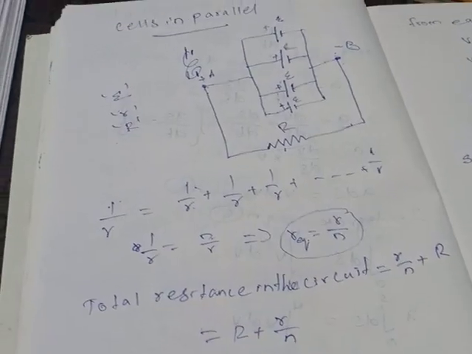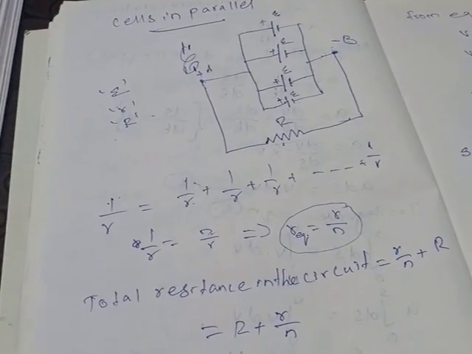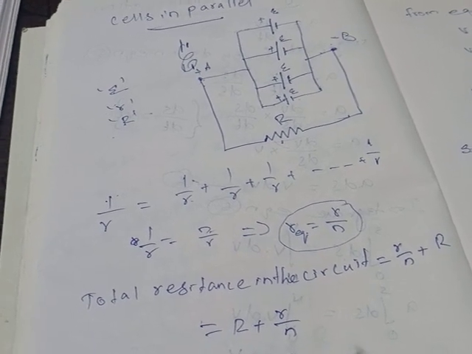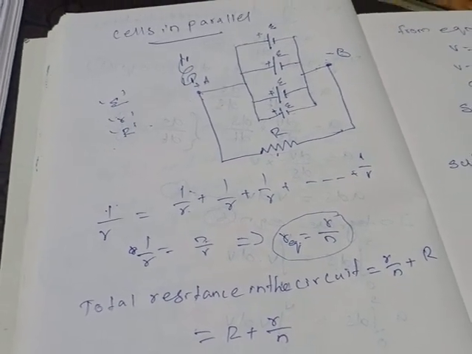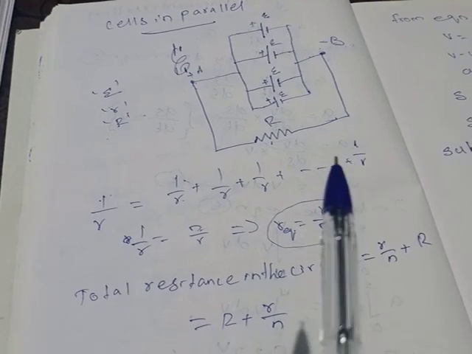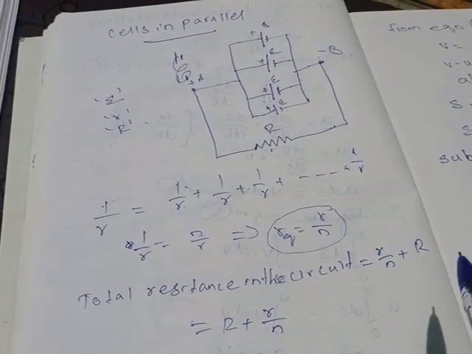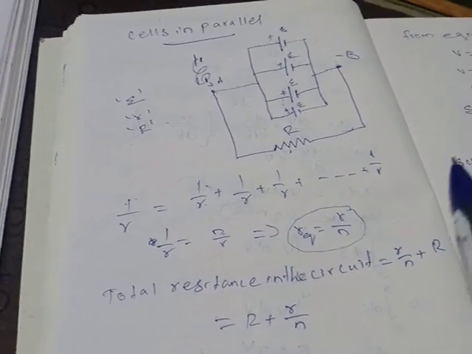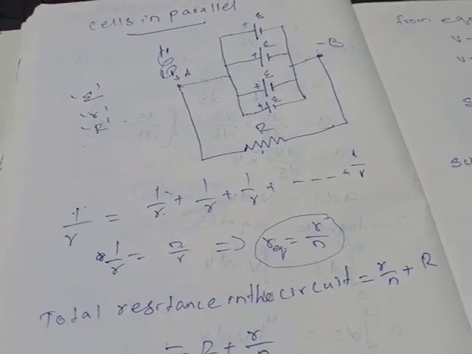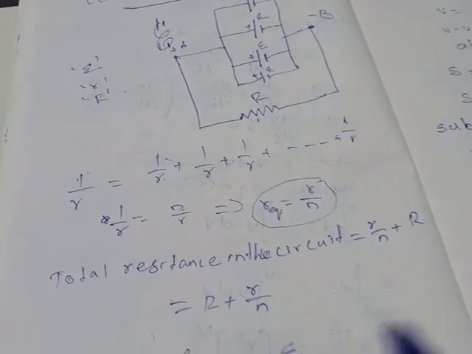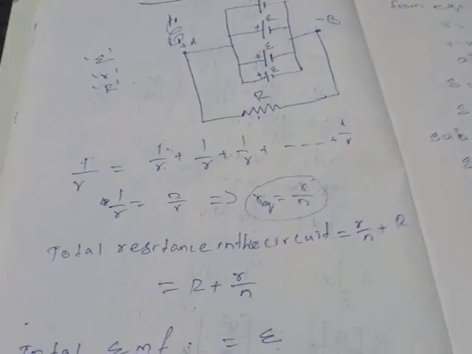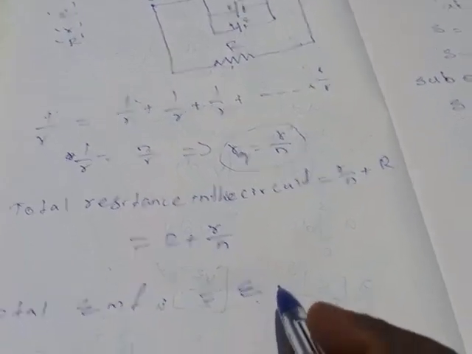That is why, here many cells are connected, but the total EMF is the EMF of a single cell. But in the series circuit, total current is the current of a single cell. These 2 points you remember. So total EMF is equal to epsilon.